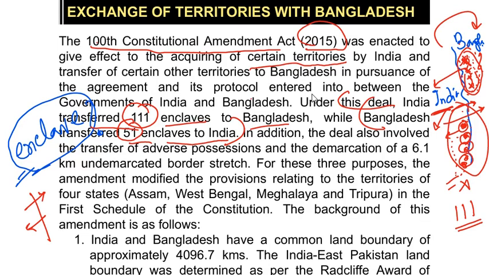Next thing কি দেখা গেছিল, along with this 6.1 kilometer undemarcated border dispute were settled between the country Bangladesh and the India.